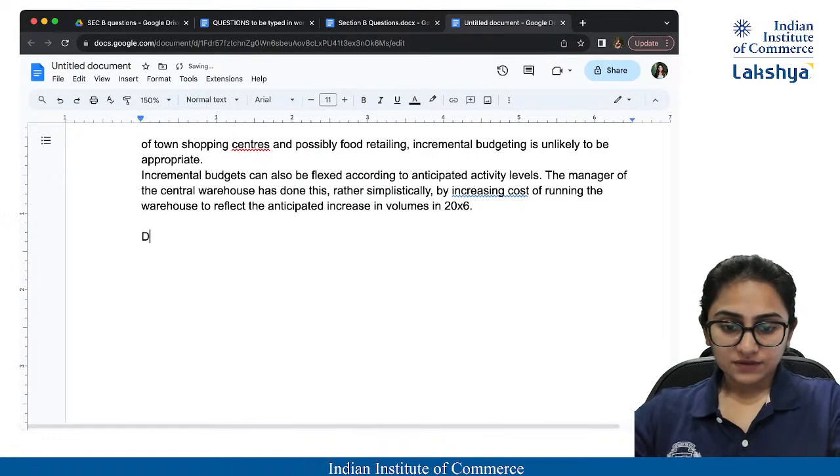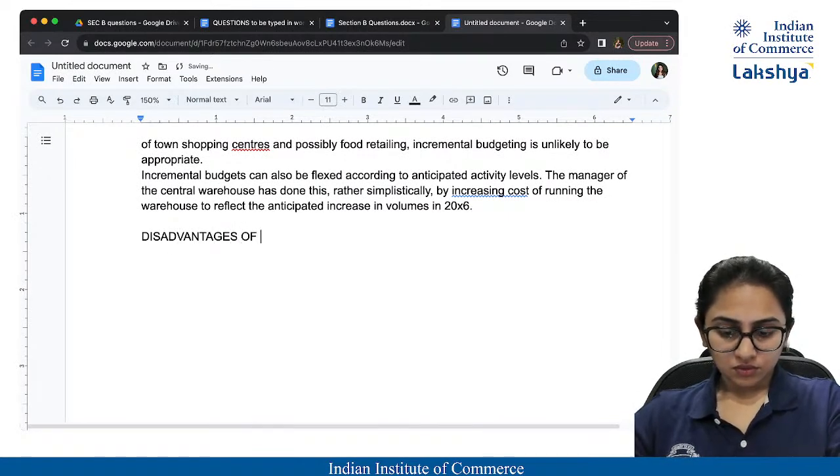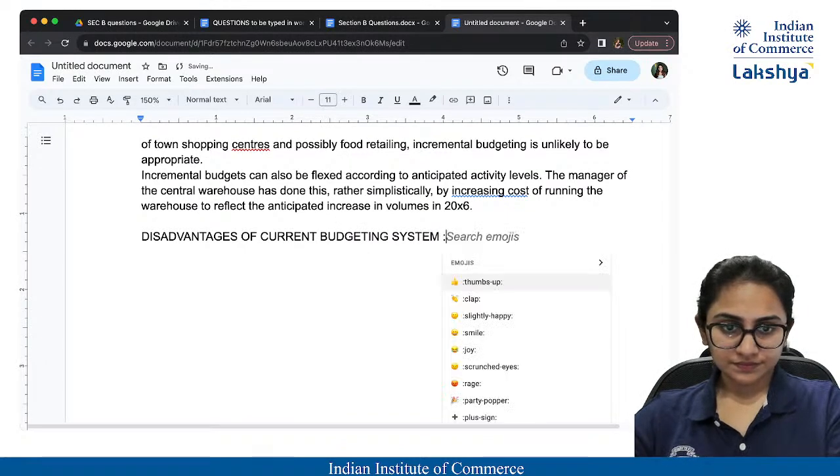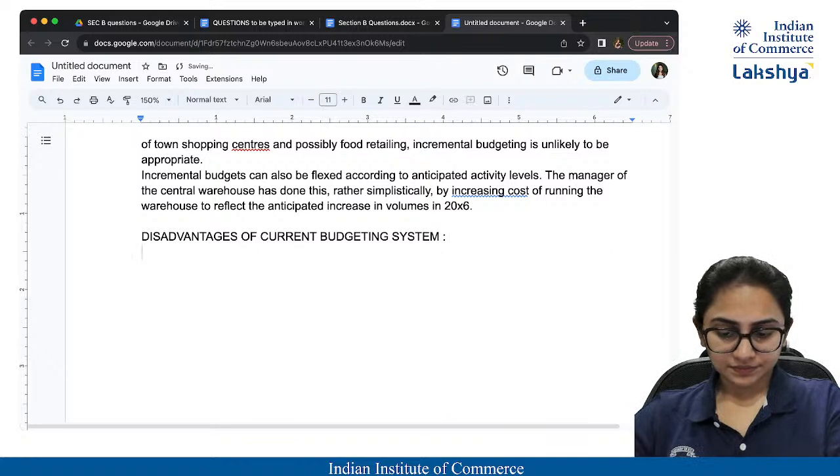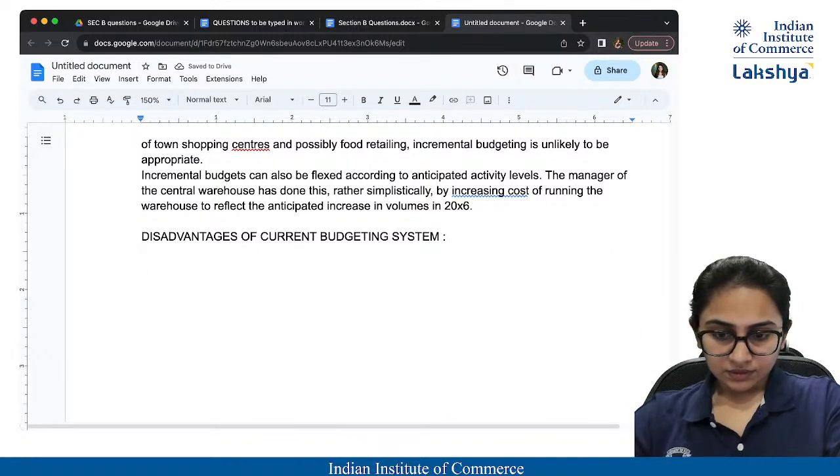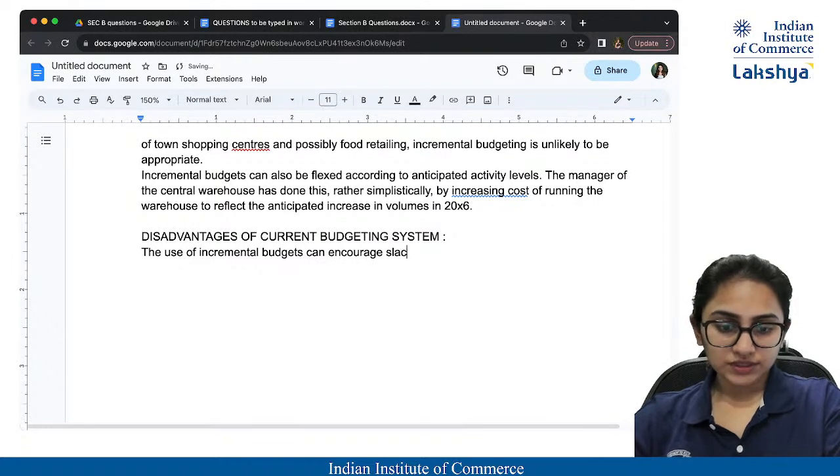Now the next we have is disadvantages of current budgeting system. The use of incremental budgets can encourage what we saw yesterday.